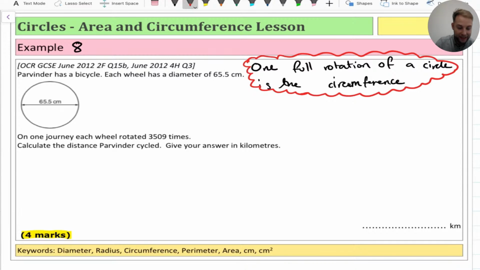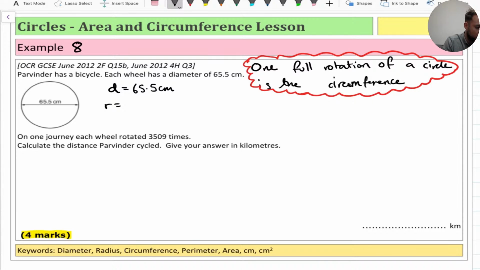So the first thing I'm going to need to do is to find out what the circumference of this is. Remember from yesterday, the first thing we always do is write down what the diameter and the radius is. Now we don't need the radius in this one, but I'm going to write it down anyway, as a good habit. So my diameter is equal to 65.5 centimeters.